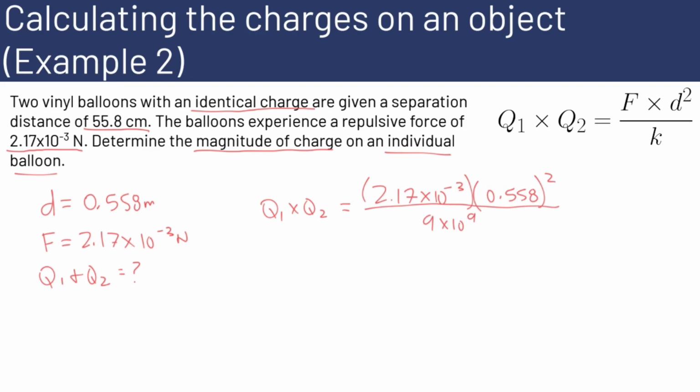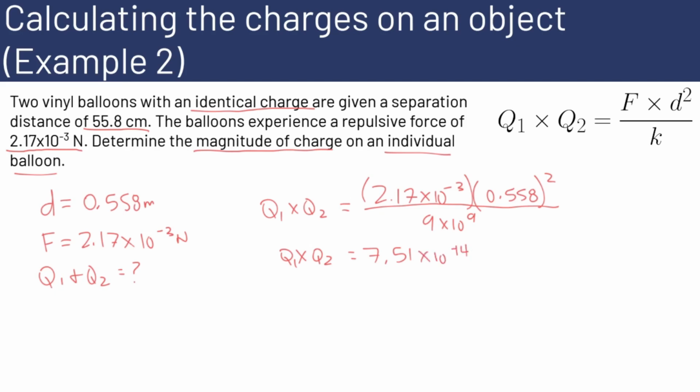And that's going to give us our Q1 times Q2. Okay, so the charges together, so Q1 times Q2 equals 7.51 times 10 to the minus 14.